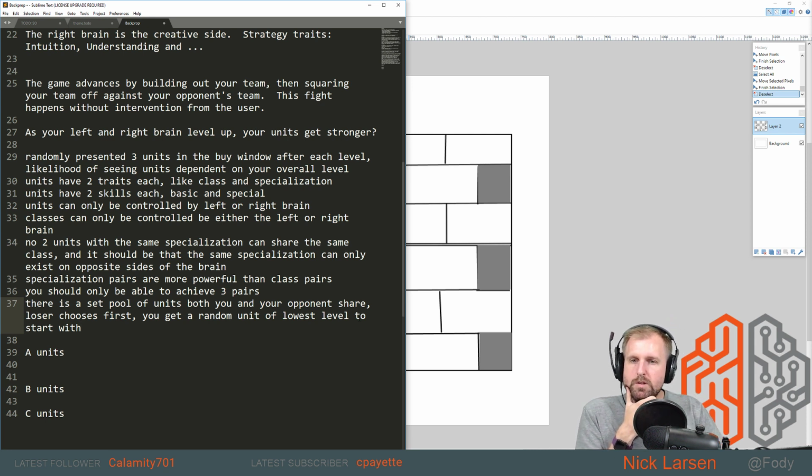No two units with the same specialization can share the same class, and the same specialization can only exist on opposite sides of the brain. Three qualities of units: common, rare, and epic.